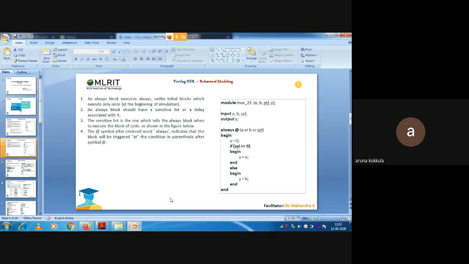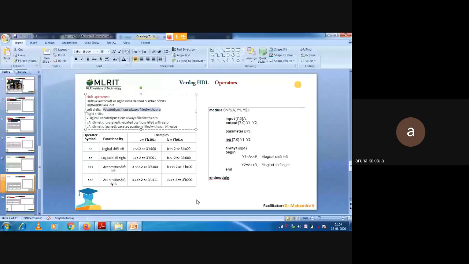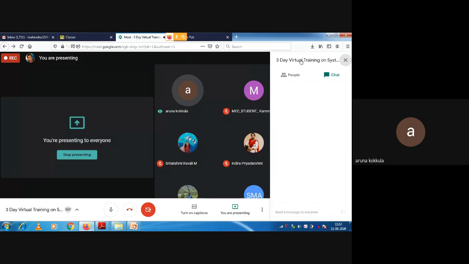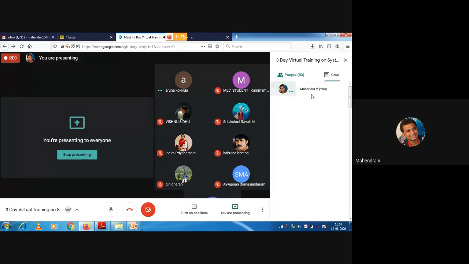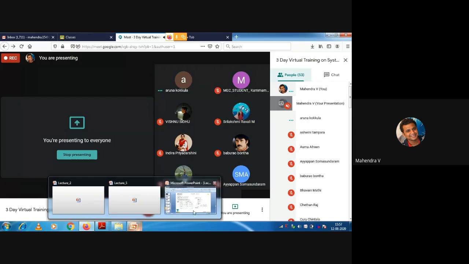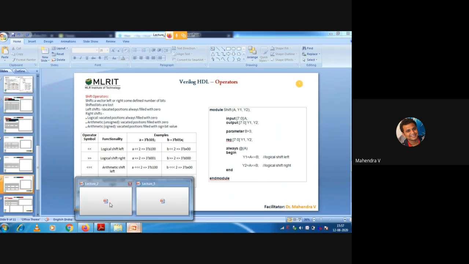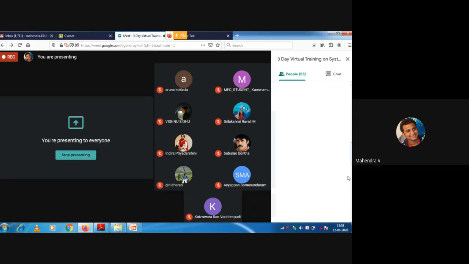Sir, instead of basics, we'll go for the sequential circuit implementation using the Vivado tool. For understanding the concepts, we need to know whatever concepts I'm explaining. Okay, sir, we'll do that soon, another 5 to 10 minutes. My participants are asking to do that really quickly.